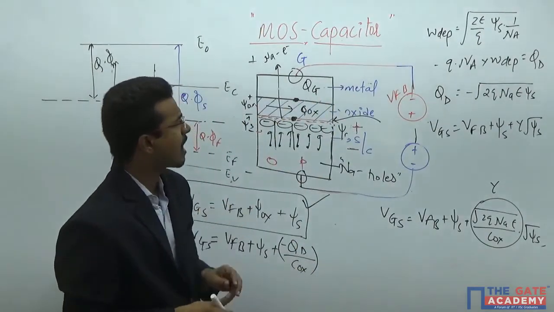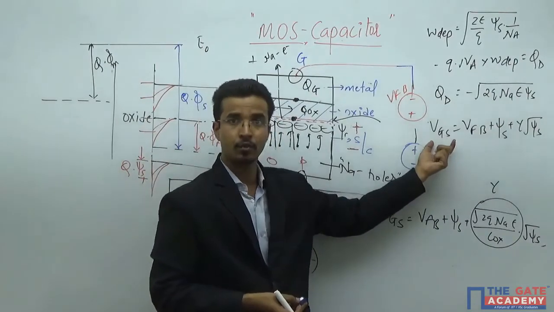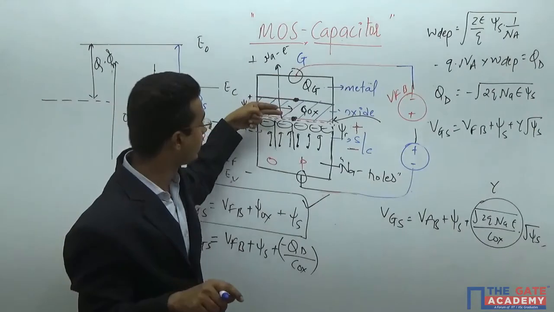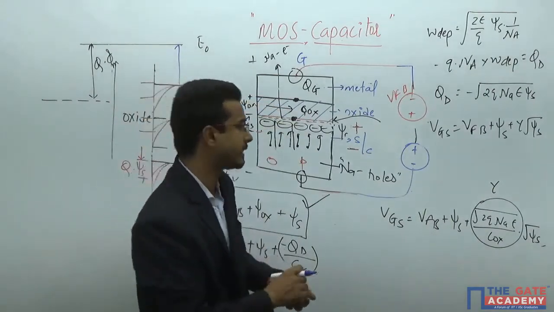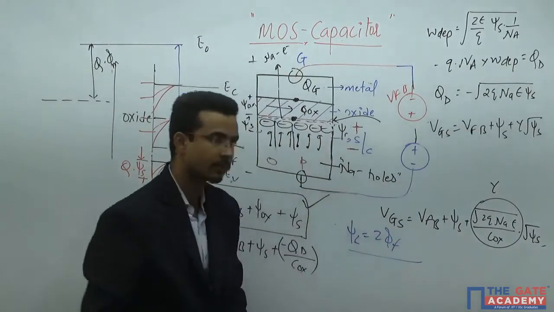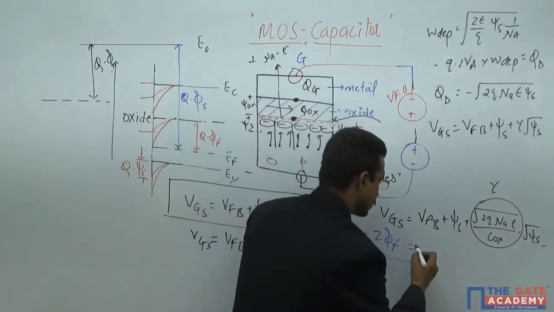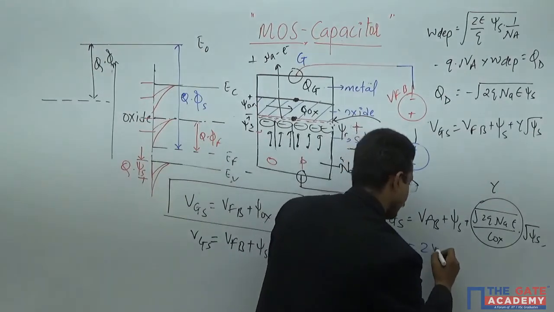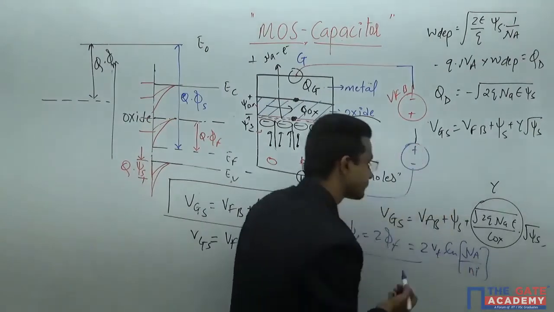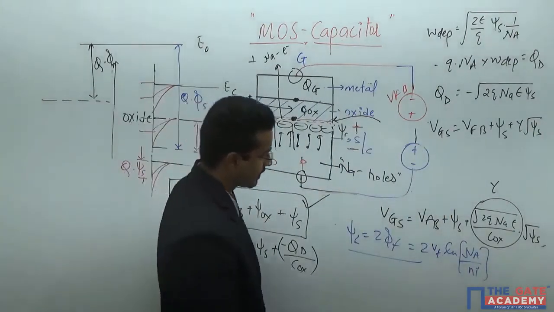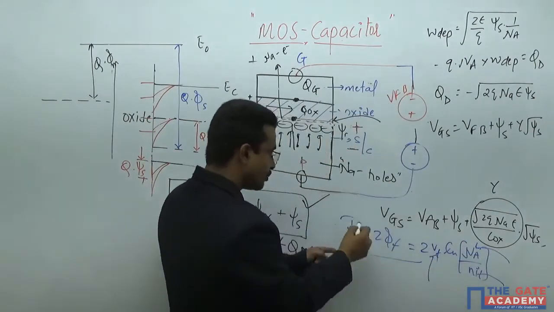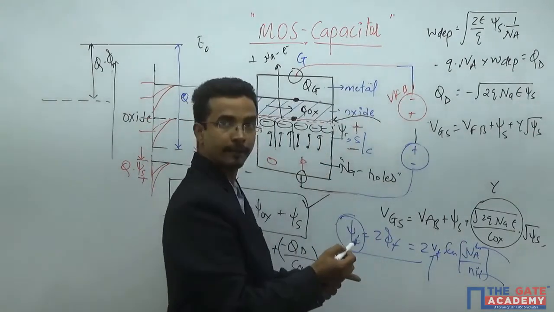Now, you are interested in how much voltage is required to get a sufficient amount of inversion charges here. You have recently studied that this is the point where psi S equals 2 phi F. And what is phi F? It is Vt ln NA upon Ni. You know all these, so you will get the value of psi S also.